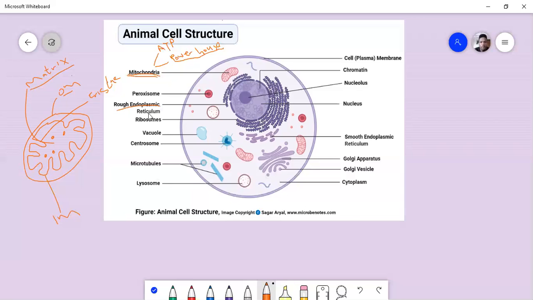What is attached to it? Those little dots, those are ribosomes, right? So what do you know about ribosomes so far? I said that your ribosomes are manufactured from your nucleolus.